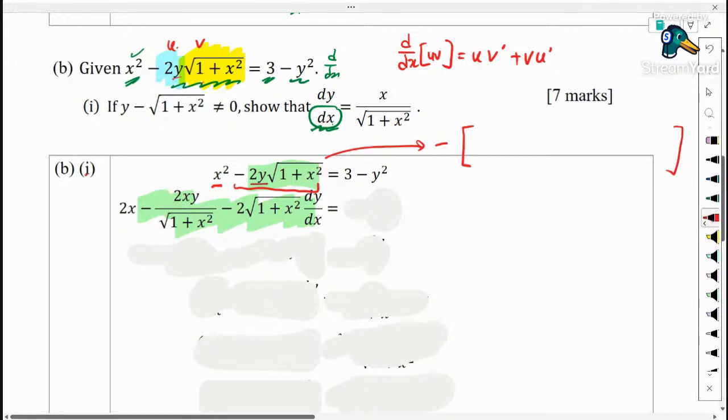You can add this step here if it's not clear enough for you. So we have the differentiation become 2y multiplied with the differentiation with respect to x of the square root of 1 plus x squared, plus, maintain the square root of 1 plus x squared, then we differentiate with respect to x for 2y.